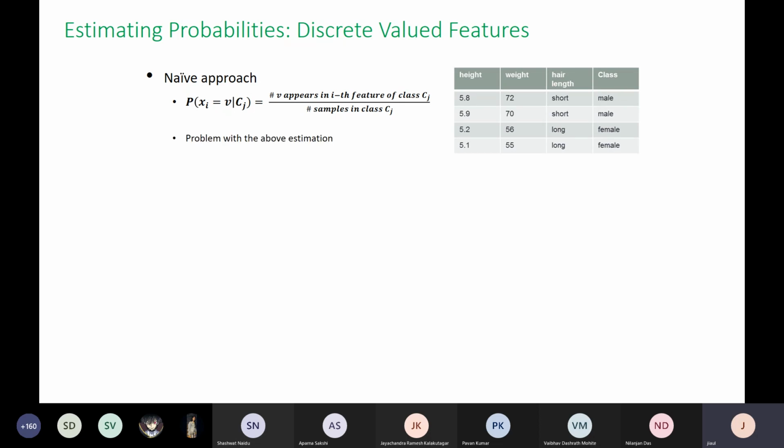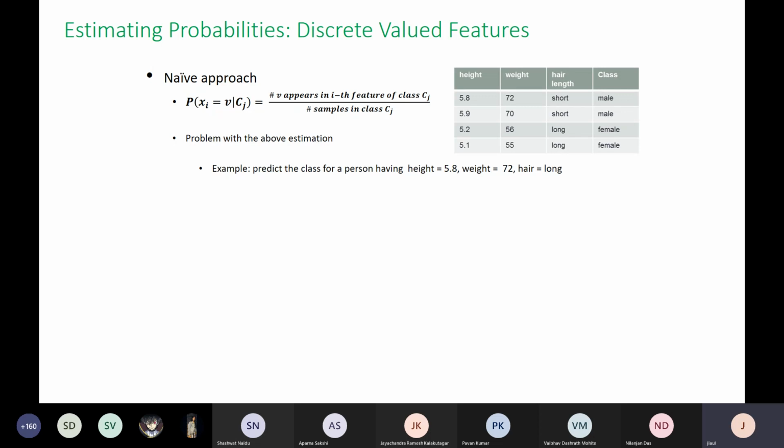Now, what is the problem with this estimation? Say you want to predict the class of a person having height 5.8 and weight 72, and hair is long. So this is the observation that you have. You want to predict the class of that person, whether the person will be male or female.